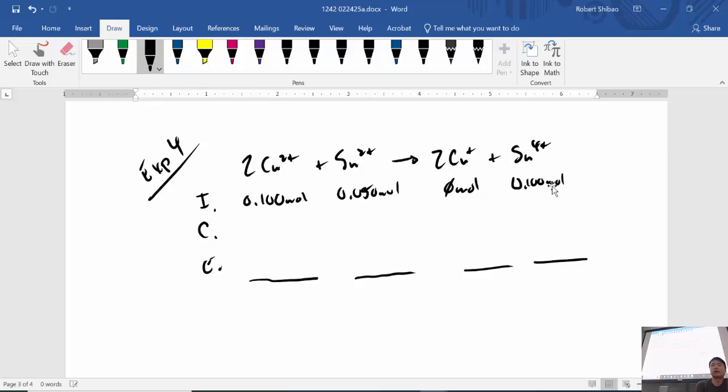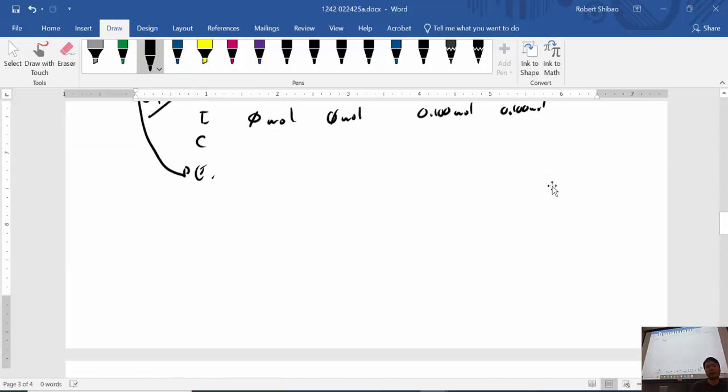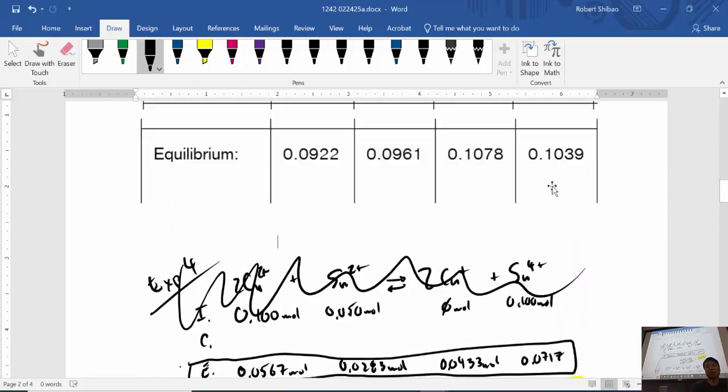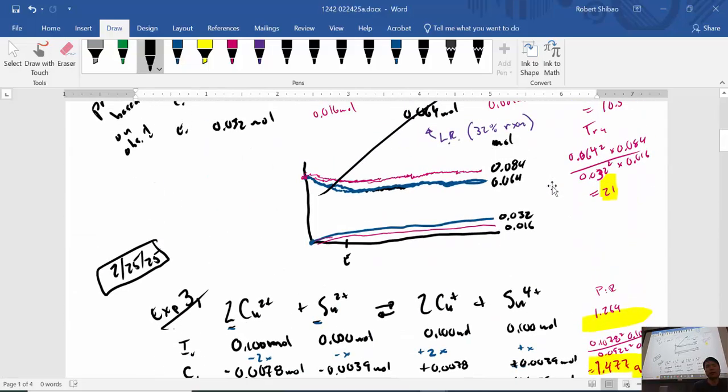How are you going to determine this? Okay, how do you know it's minus 2x here? Well, we need to figure out what the change is going to be.